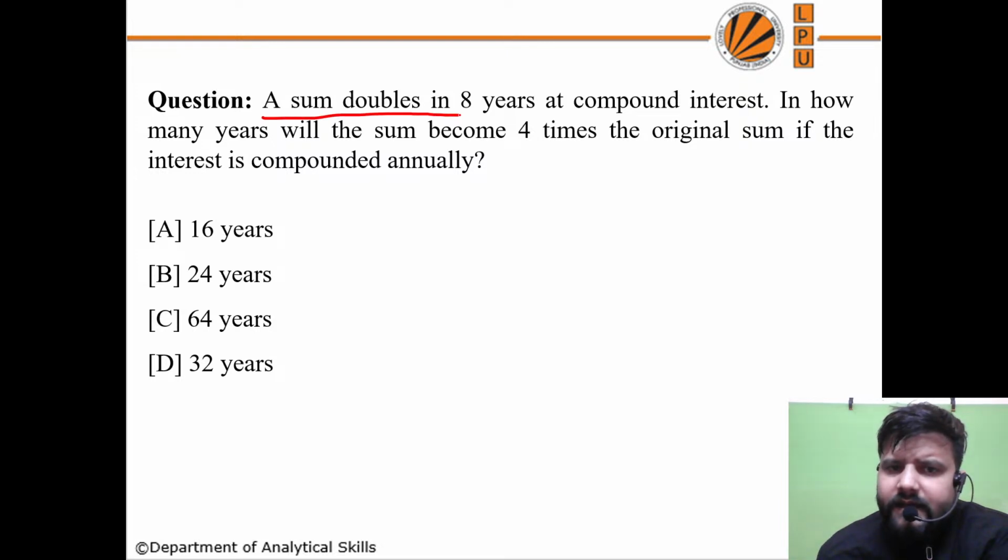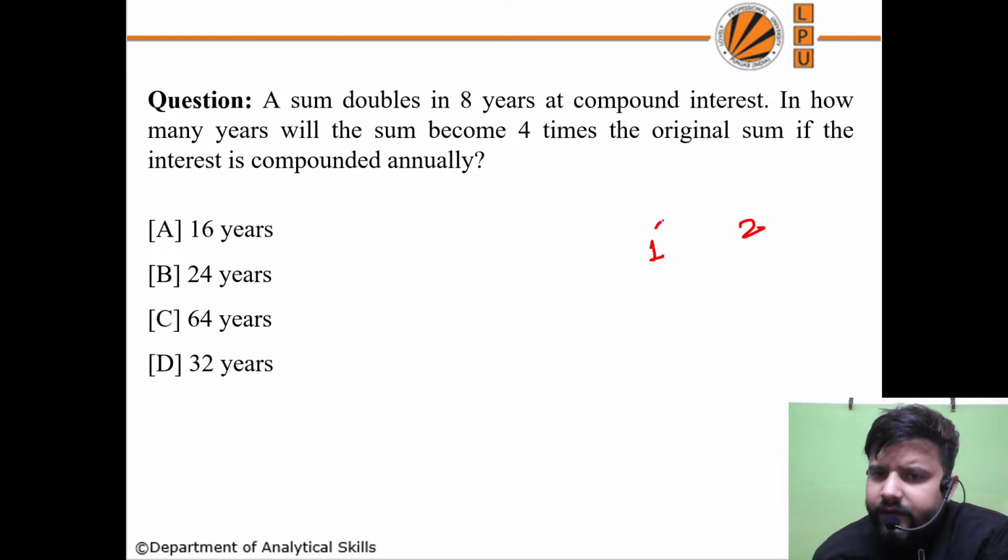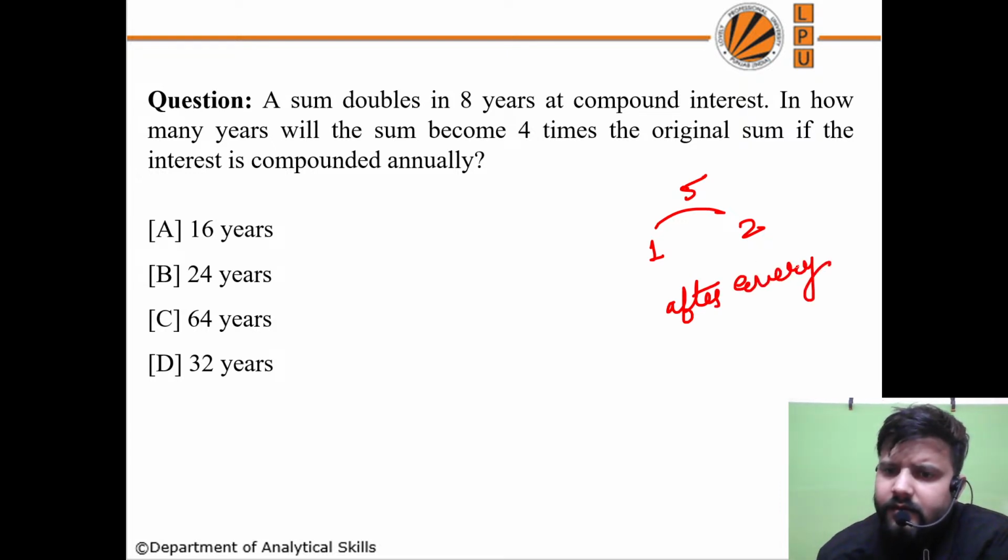A sum doubles in 8 years. For CI, what happens if, let's say, it becomes 1 to 2 in 5 years? It means after every 5 years it doubles. I'm taking examples only. I have not yet started the solution of the question. I'm just making you understand the concept. Listen again.